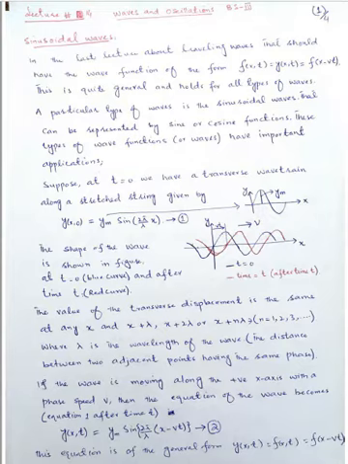The value of the transverse displacement is the same at any x as at x plus lambda, x plus 2 lambda, or x plus n lambda. That is, after every wavelength you will find the same vertical displacement on the x-axis.